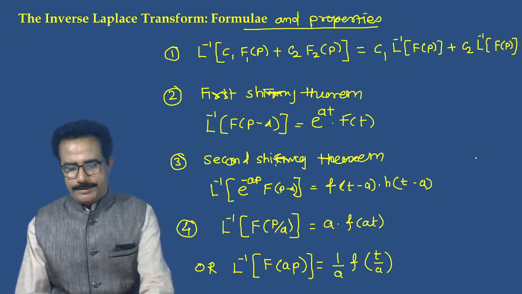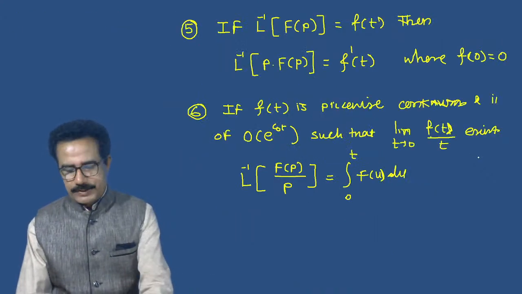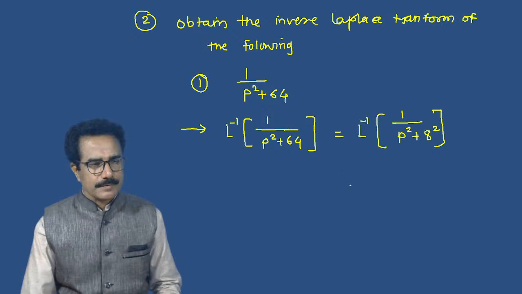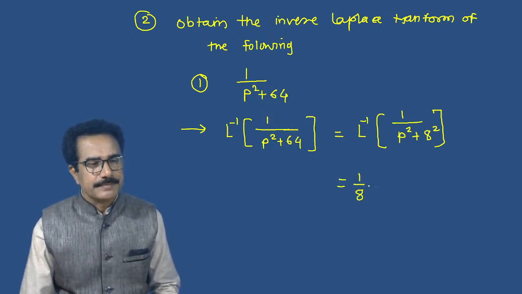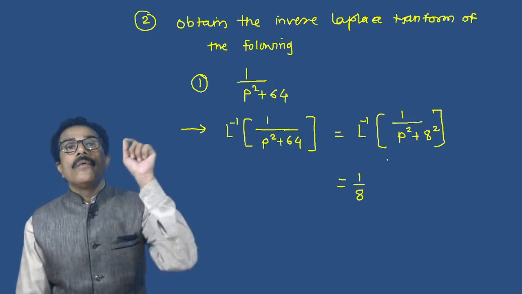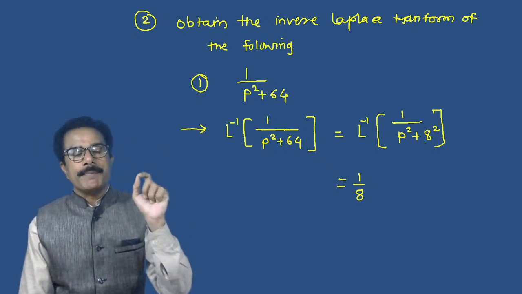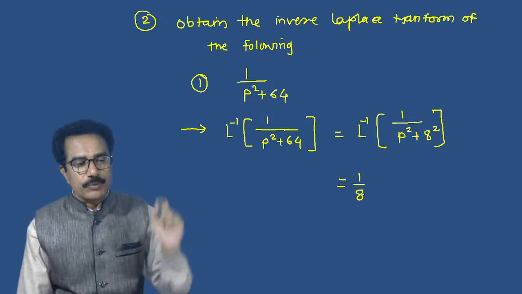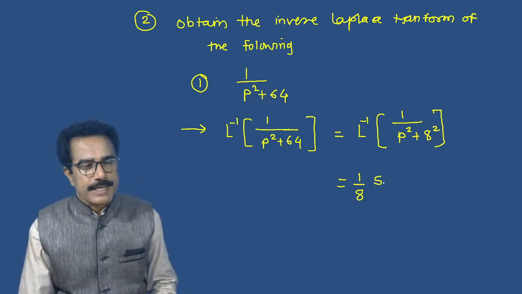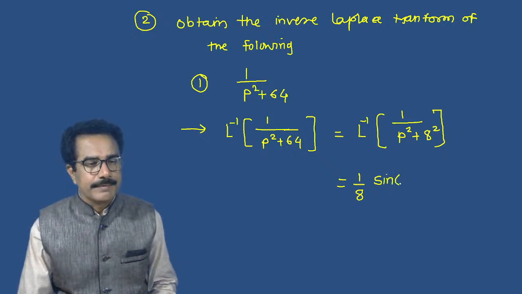So according to this Laplace transform we can write 1 upon a means 8. Now 1 divided by p square plus 8 square means 1 by a sin 8t.